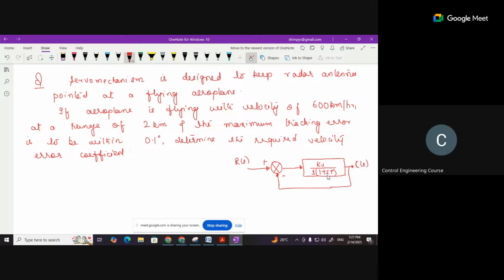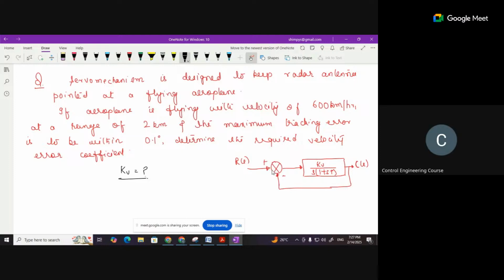Now see, if I'm talking of this entire example, and the servo mechanism is represented by this block diagram, I have to find out the velocity error coefficient, which is going to be KV. Now this transfer function is given to us.